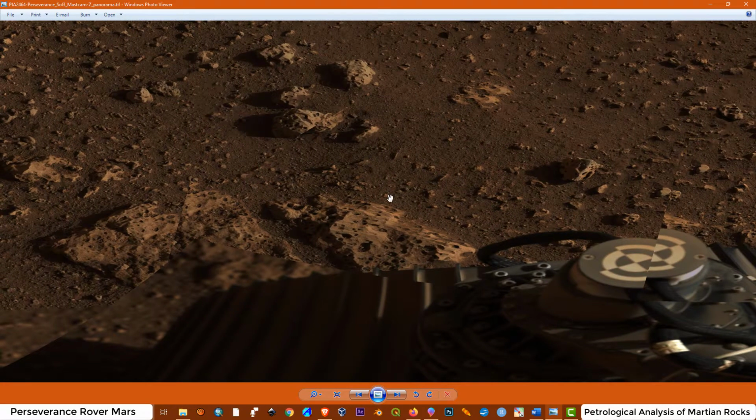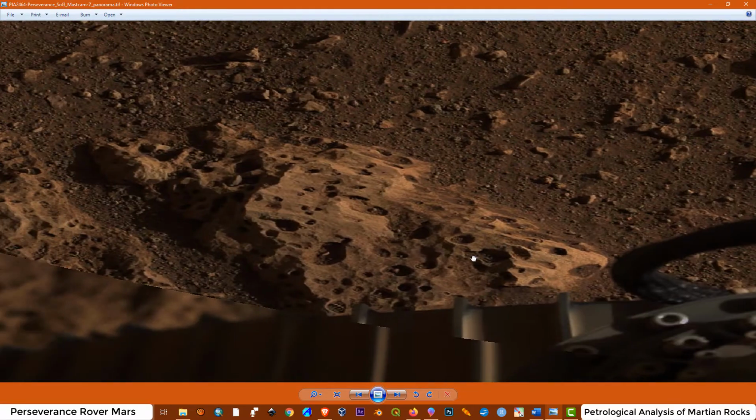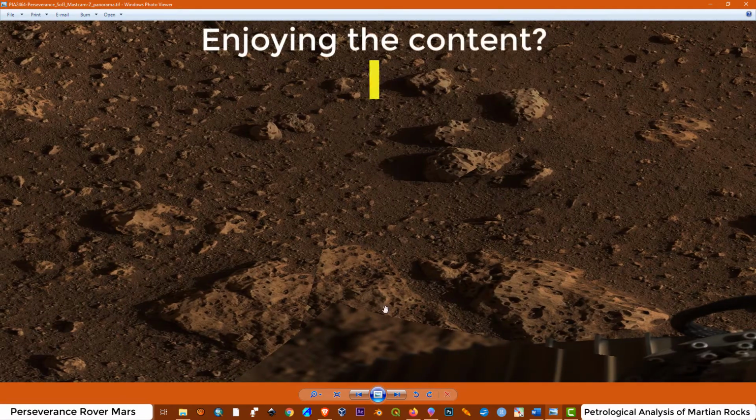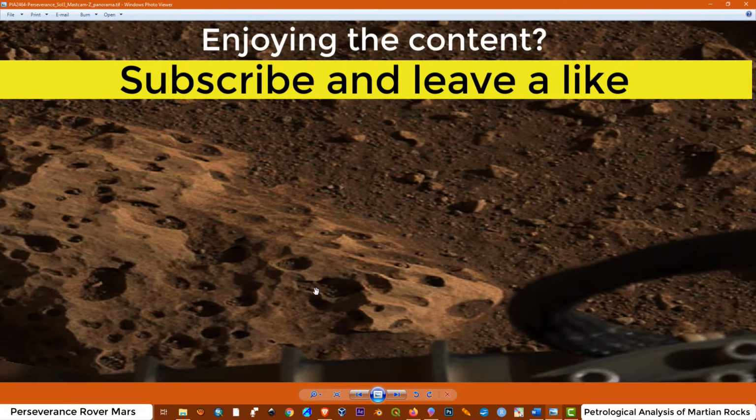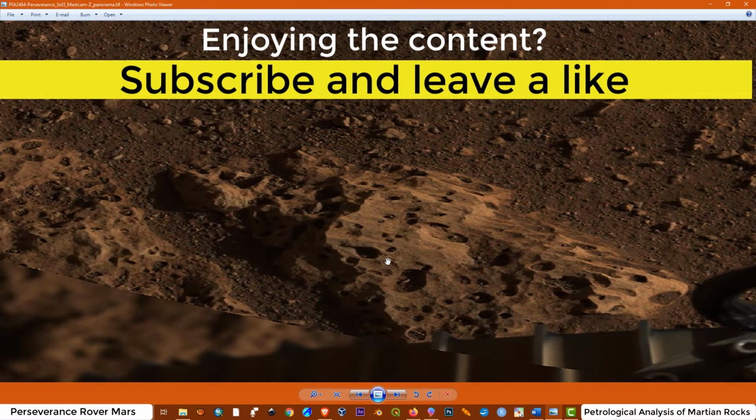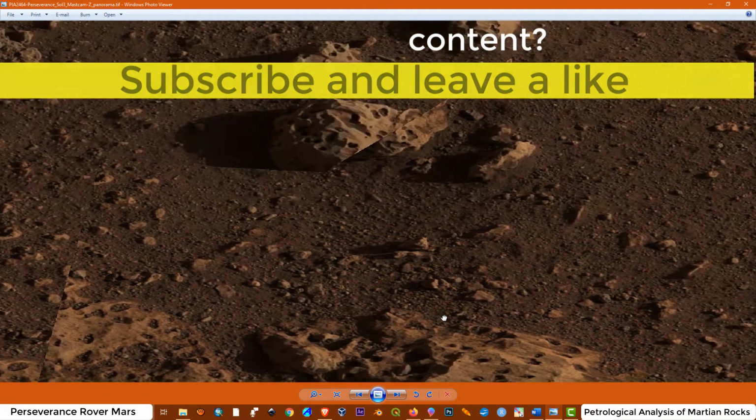If that is true, it will be indicative of the existence of life on Mars, a type of organism that can create this type of structures on the rock.